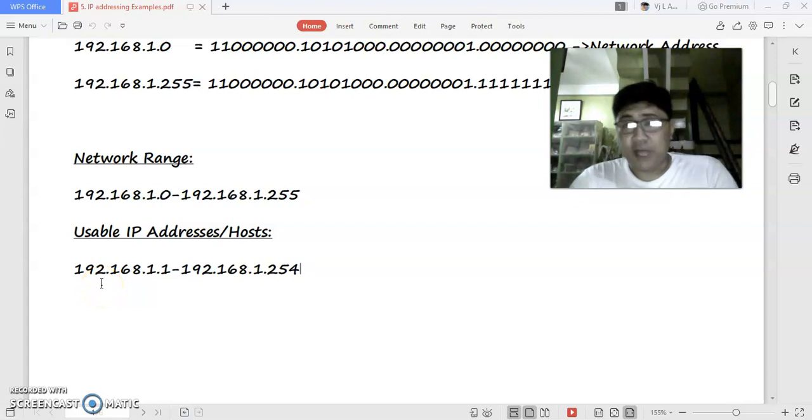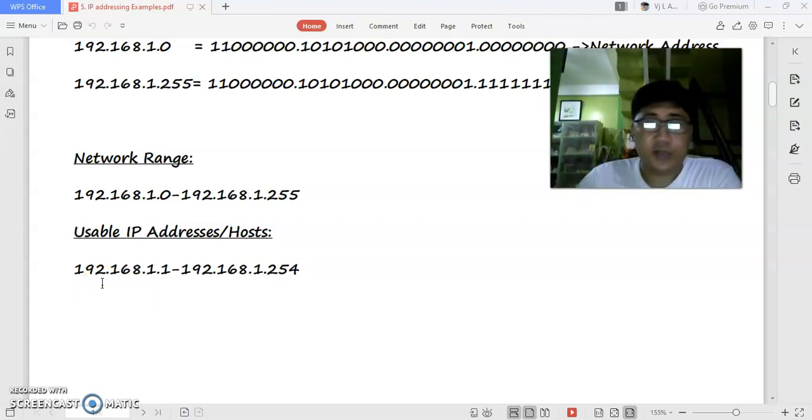But if you think it's still not enough, then use the class A IP address, where the subnet mask is 255.0.0.0. So therefore, you have plenty of computers and devices that could connect to your network. Okay, that's how you actually set your IP address. It's not that you just think of anything and write it.